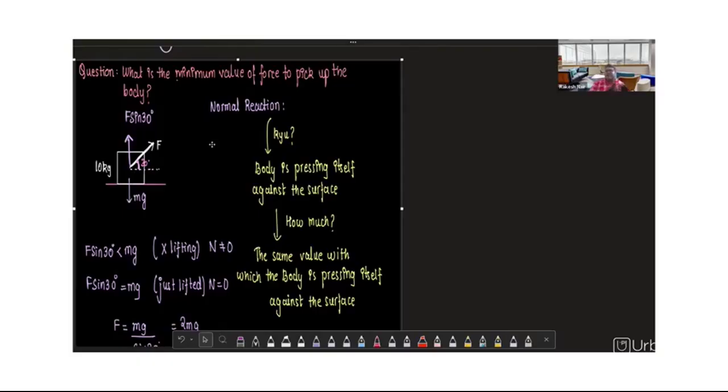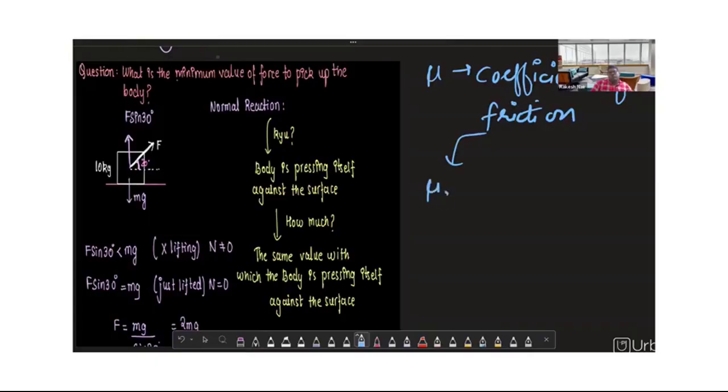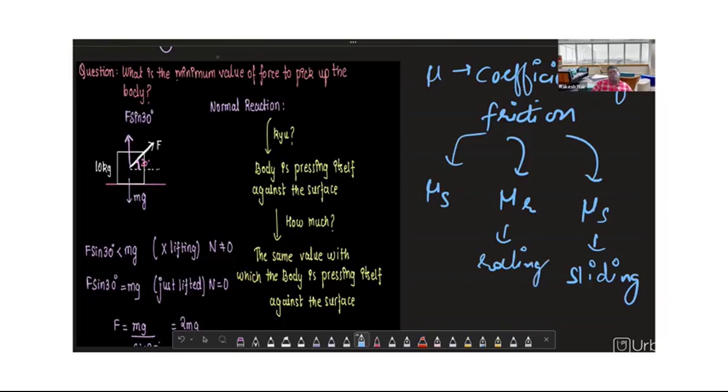Mu is the coefficient of friction, where mu s is the coefficient of static friction, mu r is the coefficient of rolling friction, and mu k is the coefficient of sliding friction, respectively.